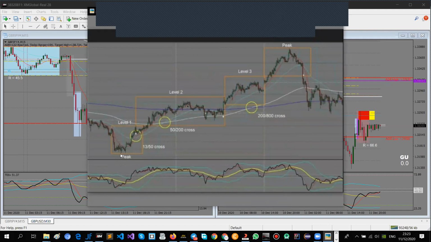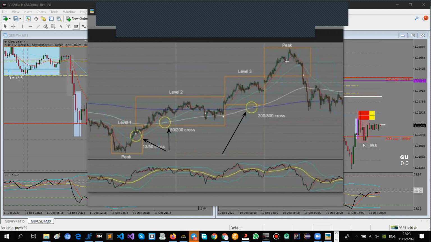We see that by the 13 and 50 crossover. It's simple, guys. Level 2, 50 and 200 crossover. You can check. This speaks for itself. The crosses speak for themselves.